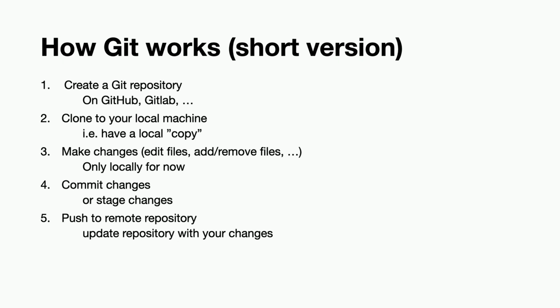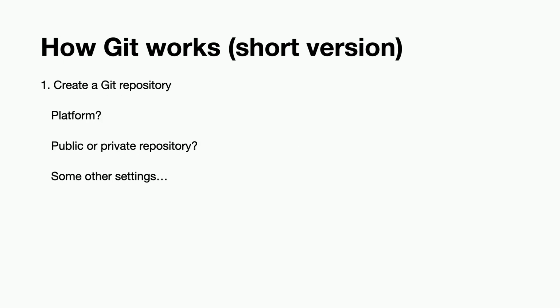Then make changes, edit files, add or remove files, or just move files to another part of the repository, only locally for now. The fourth step is to commit your changes or stage your changes for upload, and then push to the remote repository or update the remote with your changes.